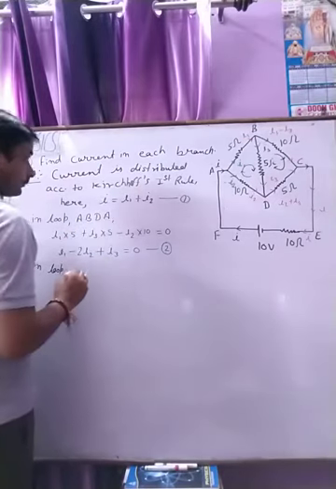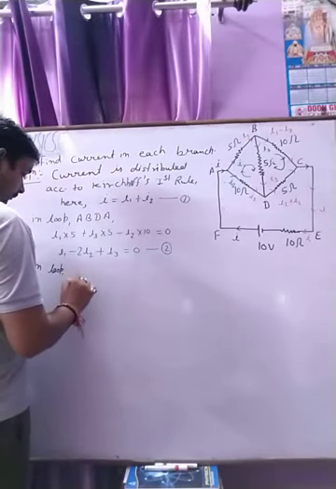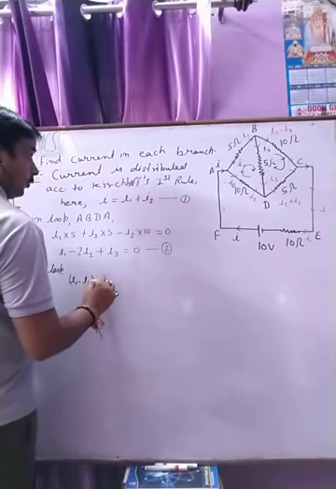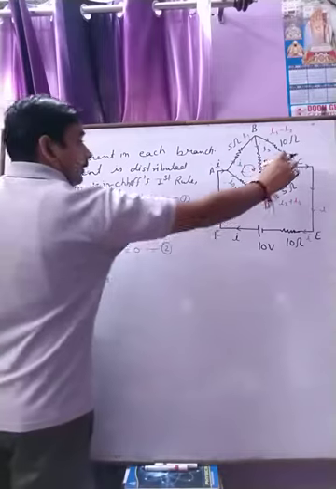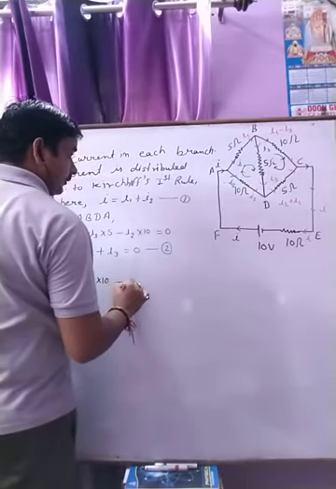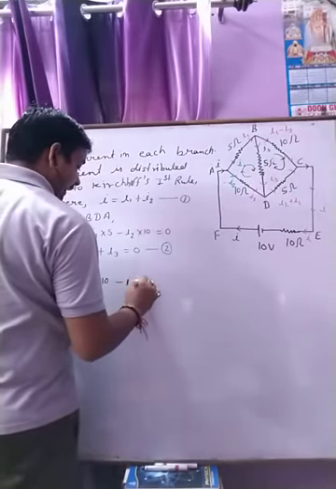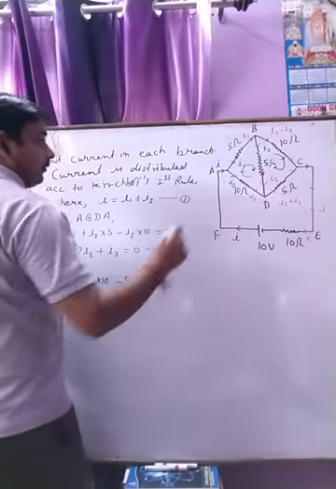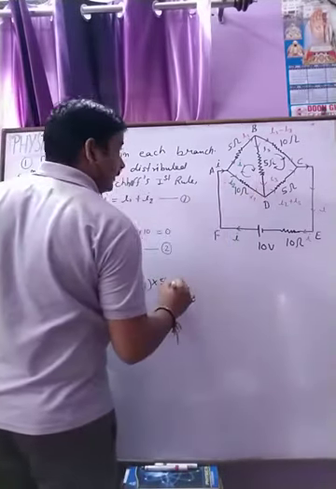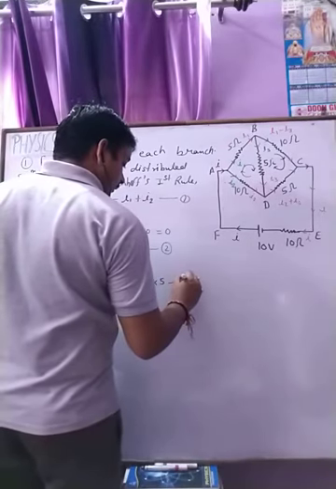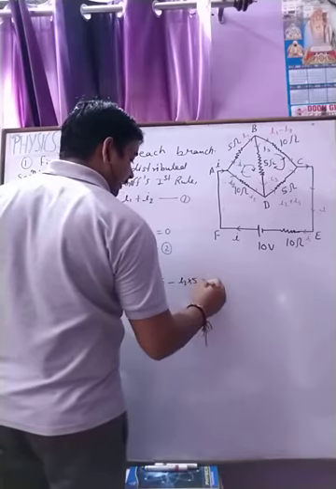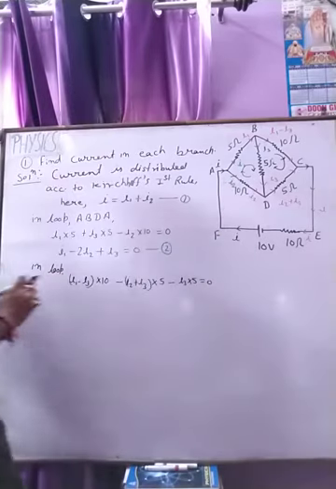So I1 minus I3 into 10, in opposite direction, I2 plus I3 into 5, and again in opposite direction, I3 into 5, and we reached at B, so 0.